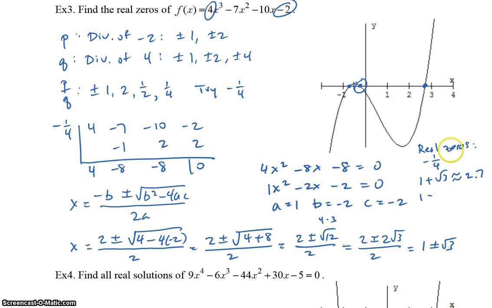And 1 minus the square root of 3, which is approximately negative 0.7. So, 3 real zeros, one of which is rational and appeared in our original list of p over q's, that's negative 1/4. The other two, however, obviously did not appear in that list.